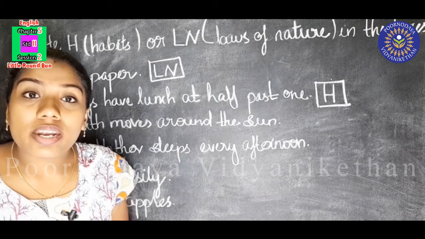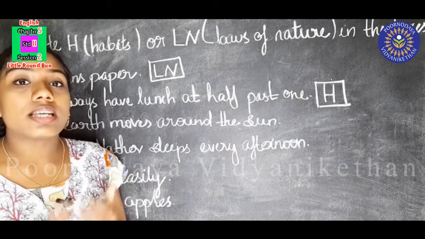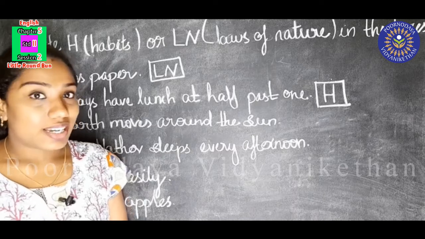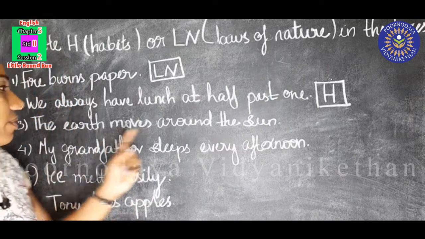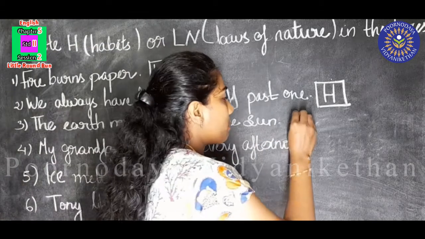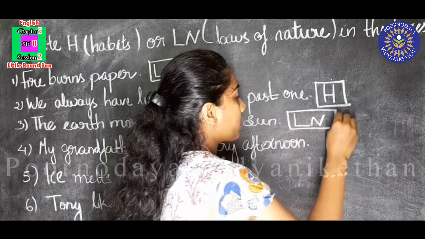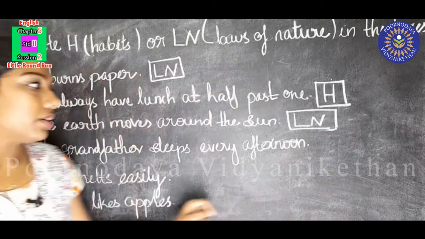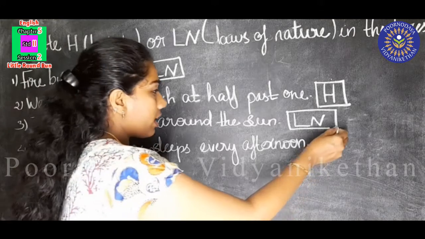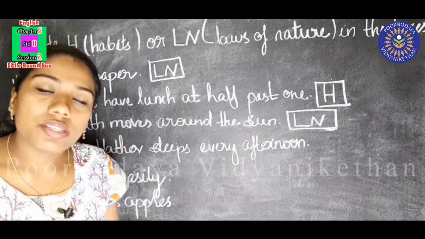Because we cannot change it. We cannot do anything about it. Did you understand? So we'll write LN here. That means law of nature. So the earth moves around the sun. It is a law of nature and we cannot change it.